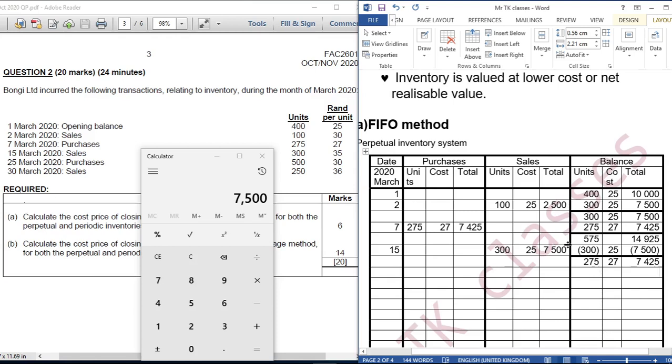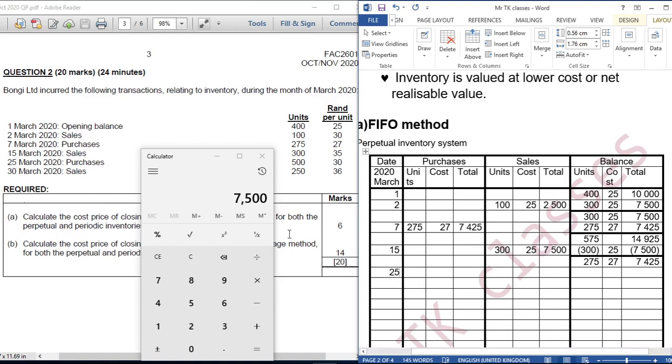Okay. So now this batch is out. We are left with this one only. Or I can just say 575 subtract 300. You get this. 14,925 subtract 7,500. You get this.